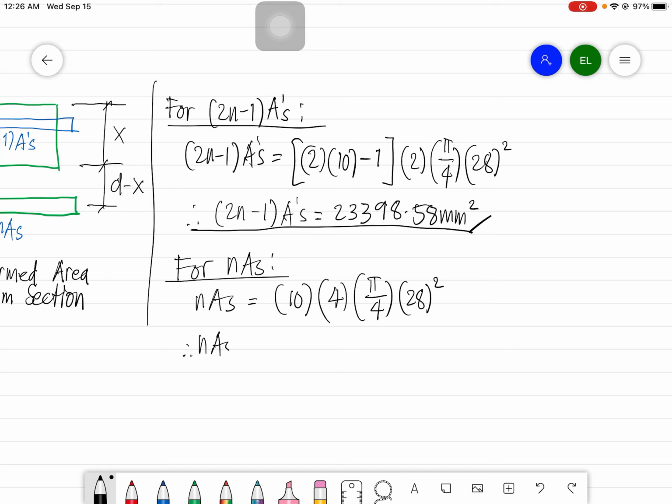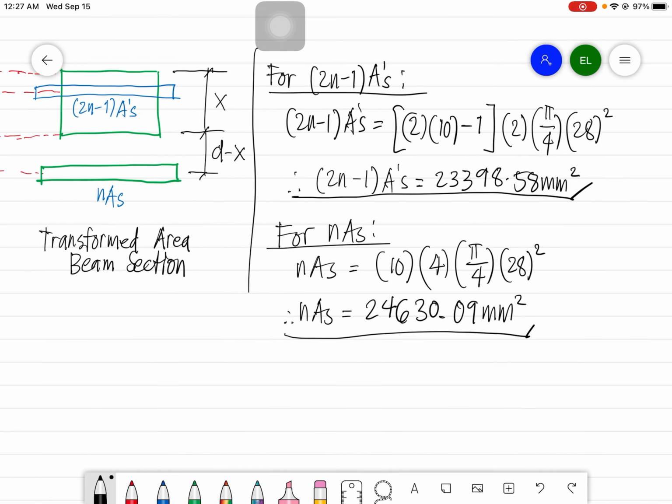Therefore nAs is equal to 24,630.09 mm squared.